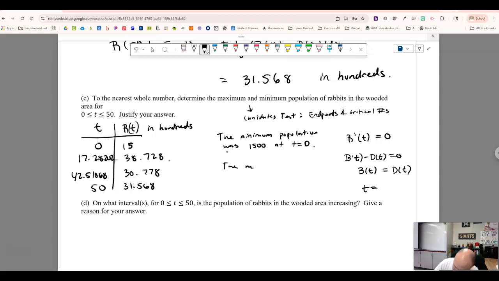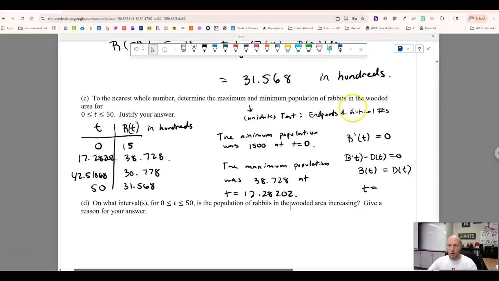The maximum population was 38.728 at t equals 17.28202.